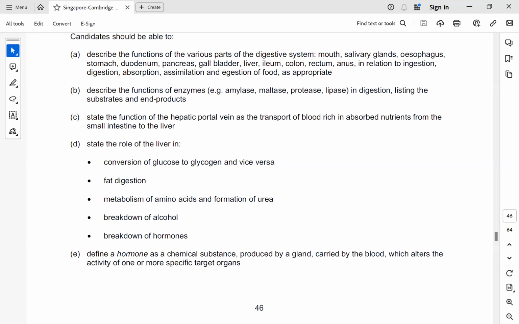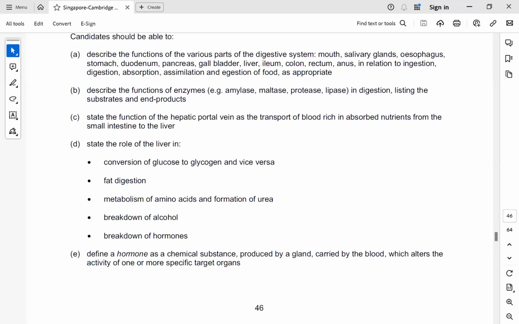We have not talked about the first one because there are a lot of things to talk about, so I leave this to the last. Now let's talk about the second last function, breakdown of hormones. There are many different hormones that you will need to learn in your syllabus. In this chapter, we are going to learn about insulin and glucagon.